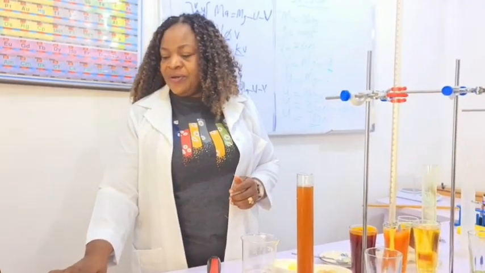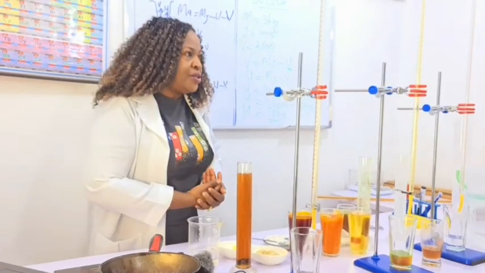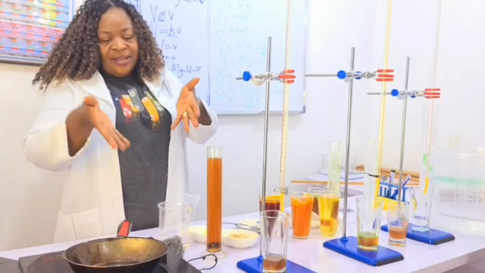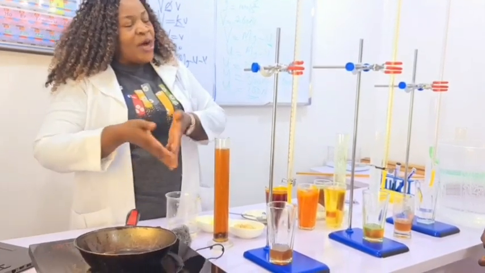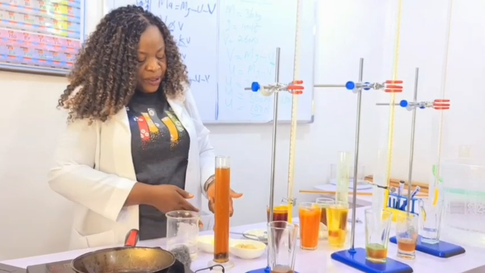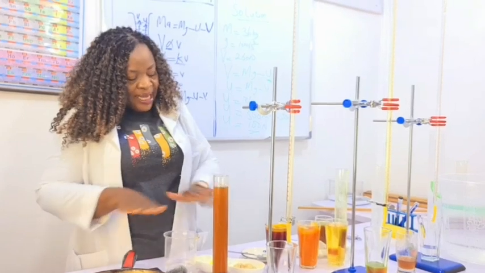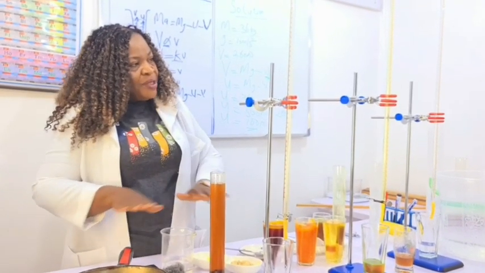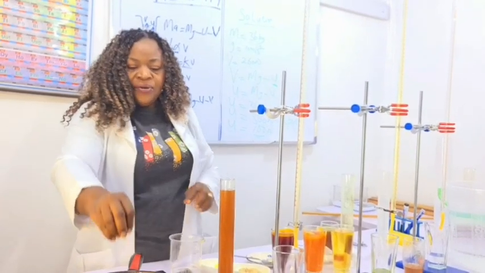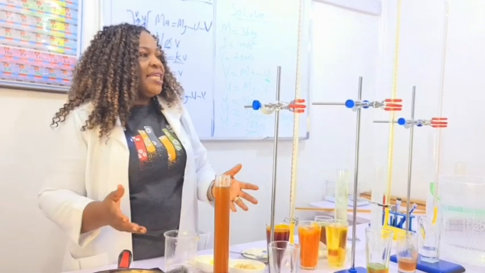Now, the next thing we are going to look at is effects of temperature and pressure on viscosity. We just did that. You remember this petroleum jelly, in normal state at room temperature the viscosity was high, but immediately we applied temperature, it became less viscous.